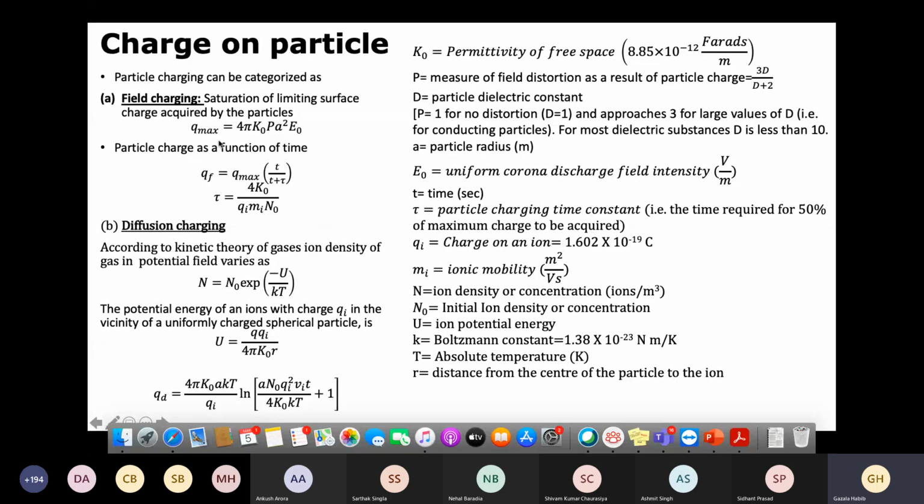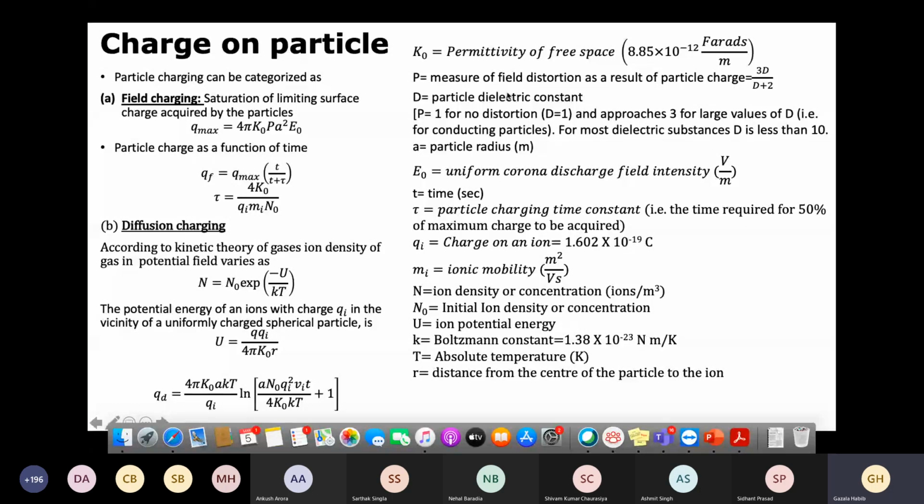So for field charging, the saturation or the maximum charge a particle will carry can be given by 4 pi epsilon0 p a squared E0, where epsilon0 is the permittivity of free space, which is already known. You must have learnt about that in electrical engineering and even in 12th class. p is the measure of field distortion as a result of particle charge.